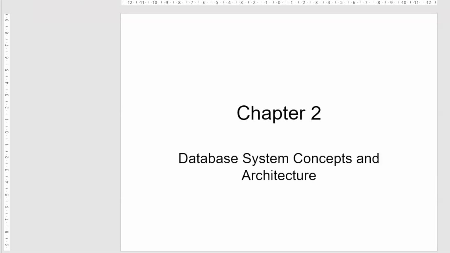We have to create databases in order to store details of the real world. So we are not going to create databases for the entire world, but we create databases for parts of the world, right? So we call these parts a mini world.